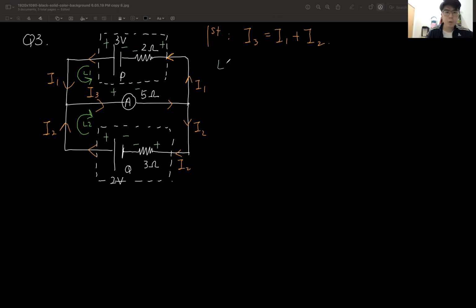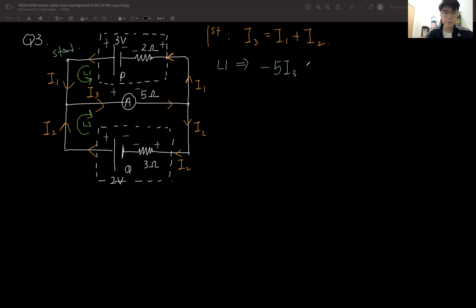Loop 1. Start here. We go to the ammeter first. It's negative 5I3, so negative potential difference.